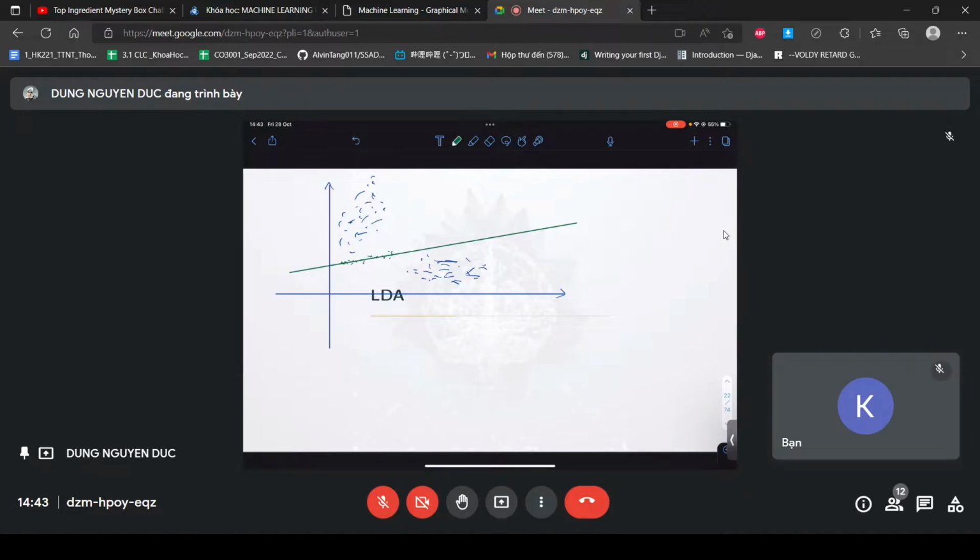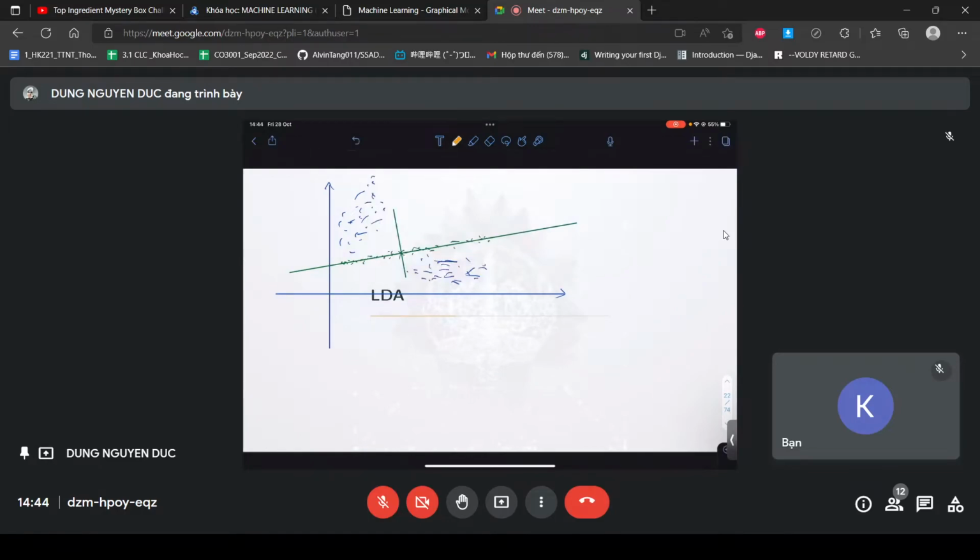The data from class B end up somewhere here. For this one, I can easily get the classifier, which is some sort of line like this one, and this is the cutting point where it helps you to classify the data. But it comes with a risk because now the data of both classes, when you project onto this dimension, are close to each other, and that means there's some error in the classification process.